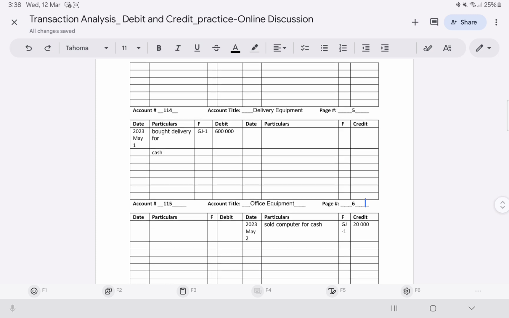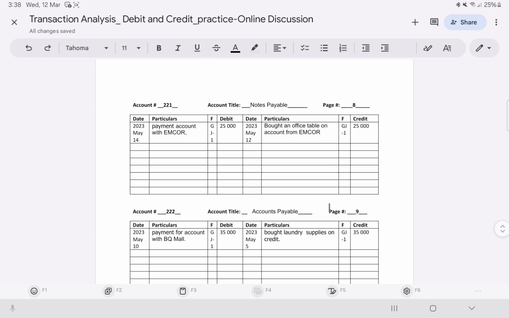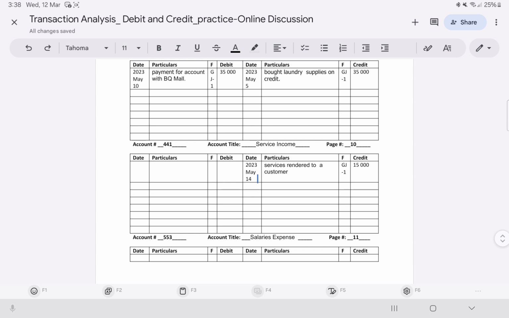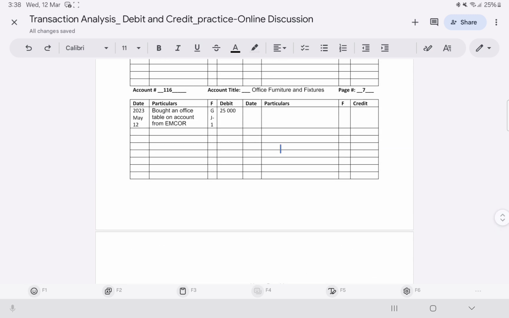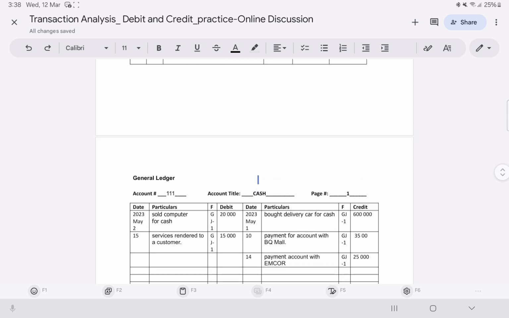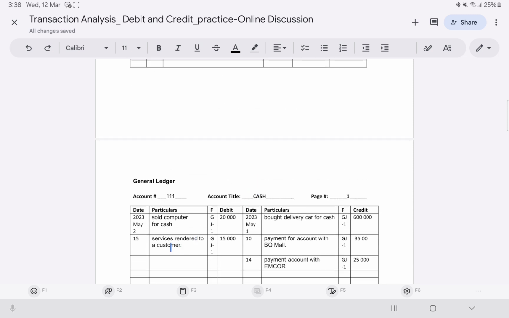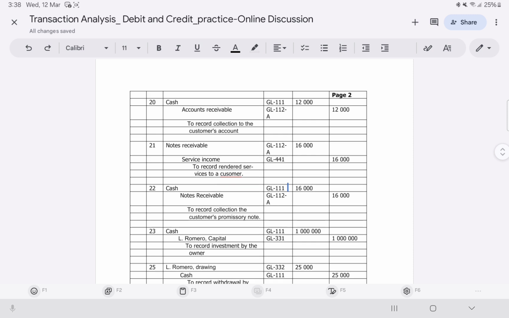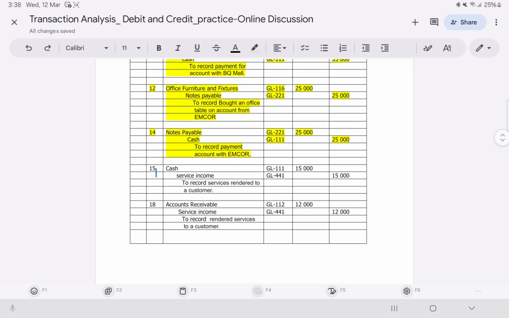Service income, May 15. Services rendered to a customer 15,000. And the cash is 15,000 also. Okay, so we are done with this transaction. Let's highlight the transaction May 15.